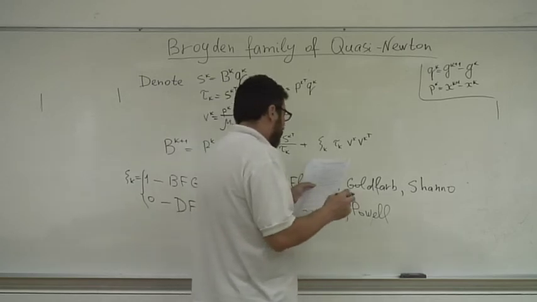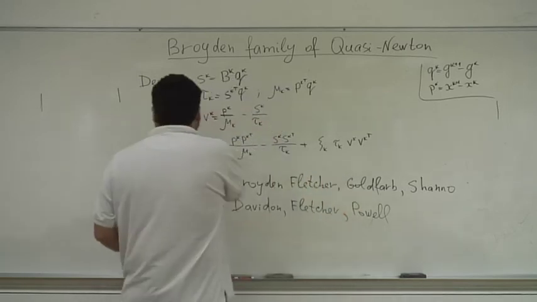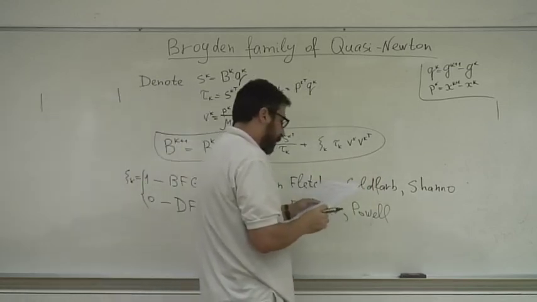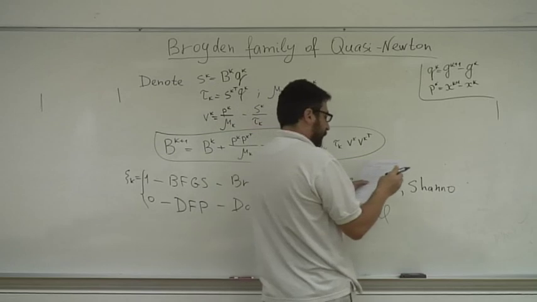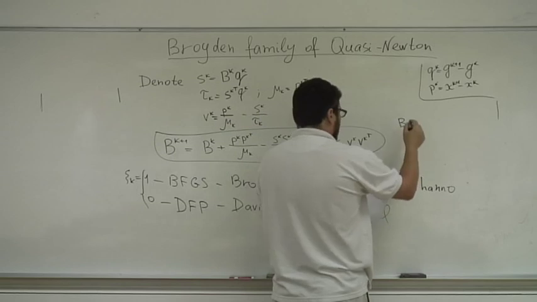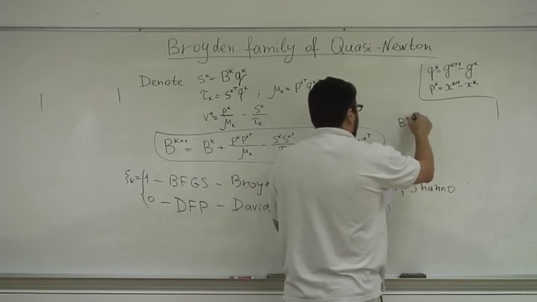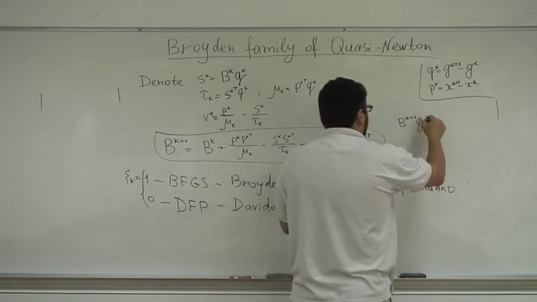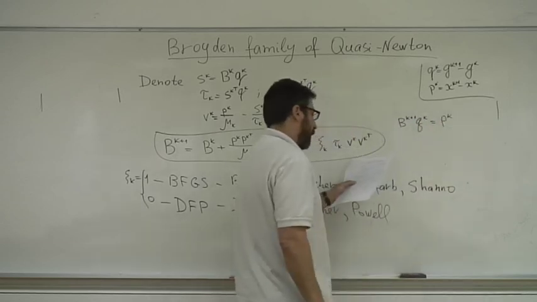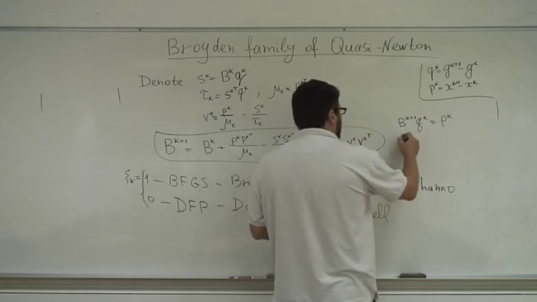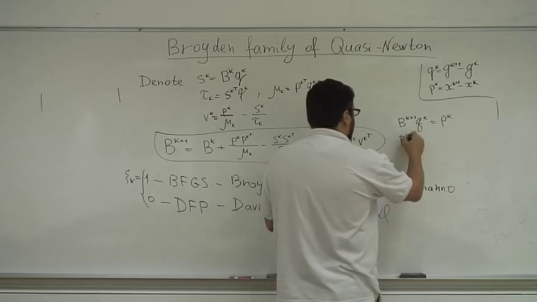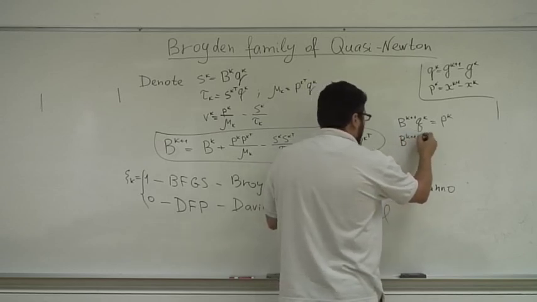So, just to say a few words, this update formula provides us the following property, this secant property like was in our rank 1 update. So B_{k+1} multiplied by q_k is equal to p_k. And it provides positive definiteness, B_{k+1} positive definite.